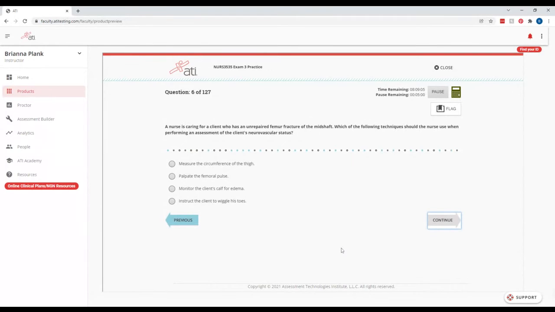Okay, an unrepaired femur fracture, okay. What are we going to do when we are assessing the neurovascular status? D, okay.